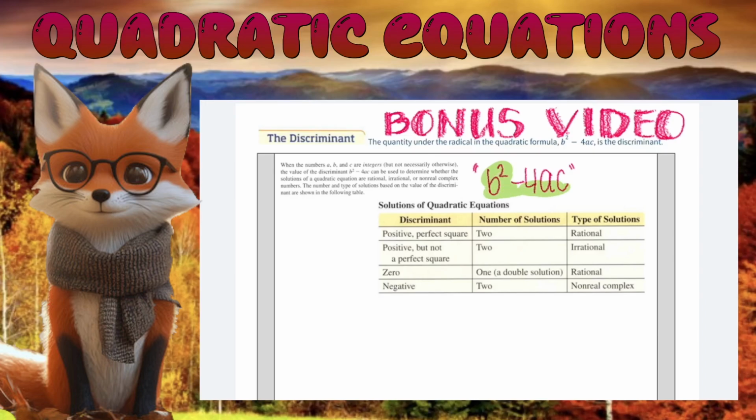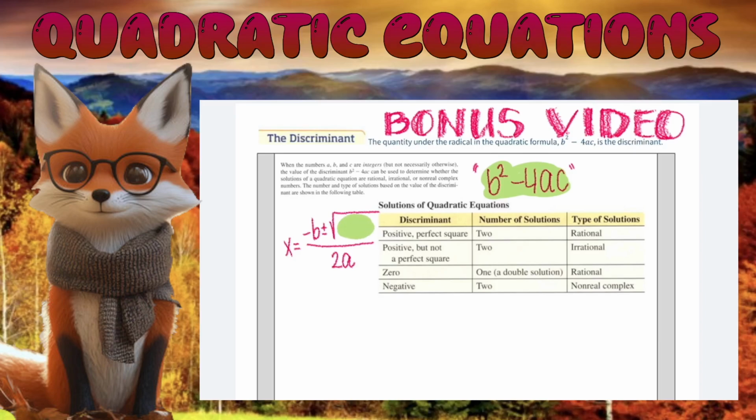Now, because of where it is in the quadratic formula, it is under the radical and it has a plus minus in front. So if I have the quadratic formula, x equals negative b plus minus the square root of whatever b squared minus 4ac is, all over 2a, right?